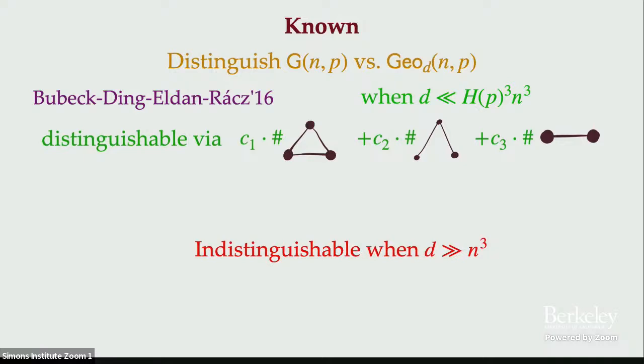Just to give some intuition: when d is really large, as I mentioned in the first slides when we were defining the model, the threshold tau on the inner product between the underlying vectors of two vertices is much smaller.